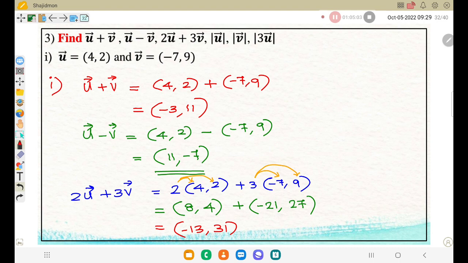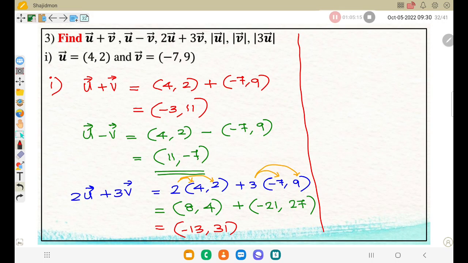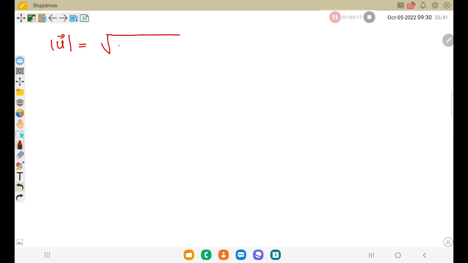Now absolute of u, absolute of v, that question we need to do now. Okay, so first, what is the absolute of vector u? What was the rule? Root of, correct? Here the point is in the plane. Root of x square plus y square. So what is the x value in vector u? Equal 4 power 2 plus 2 power 2, correct?